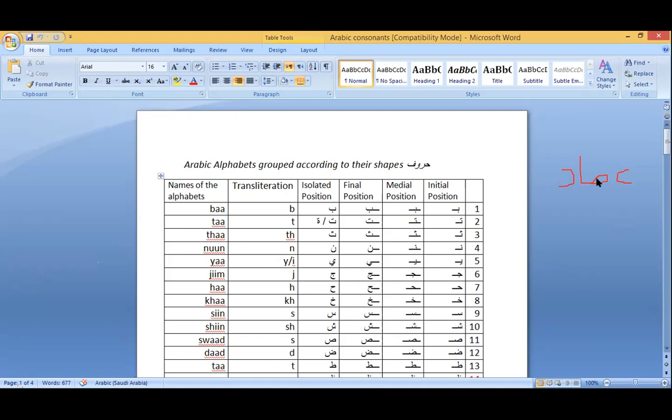So you need to join this one. Yes, so that is Imad now. You see, this is Ain when it has this part, not only the first part. You cannot say this is Ain unless you show this part, right?